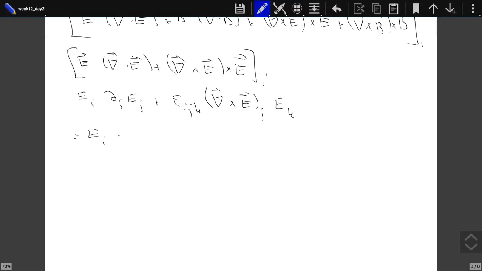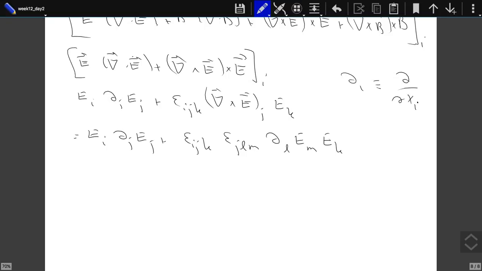This is equal to E_i ∂_j E_j plus ε_ijk, this is ε_jlm ∂_l E_m E_k. Well, just notation, this ∂_i I just use for the derivative with respect to x_i.